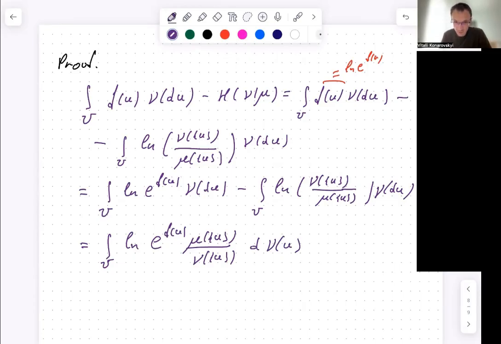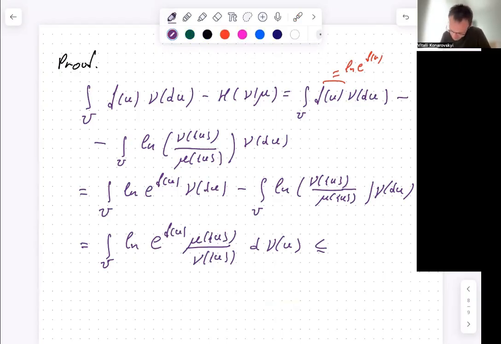And now we want to use the Jensen inequality, because the function, this logarithm, looks like that. It is a concave function. So minus logarithm is a convex function, and then you can apply the Jensen inequality for minus logarithm.